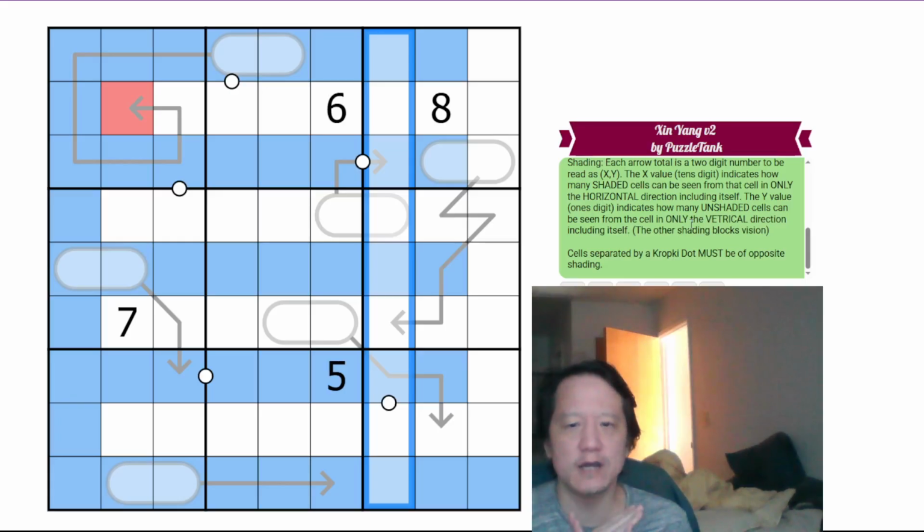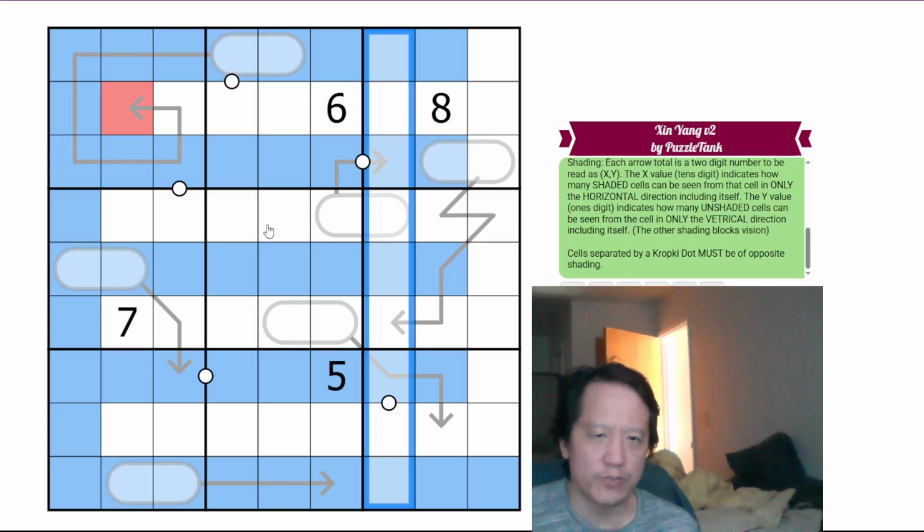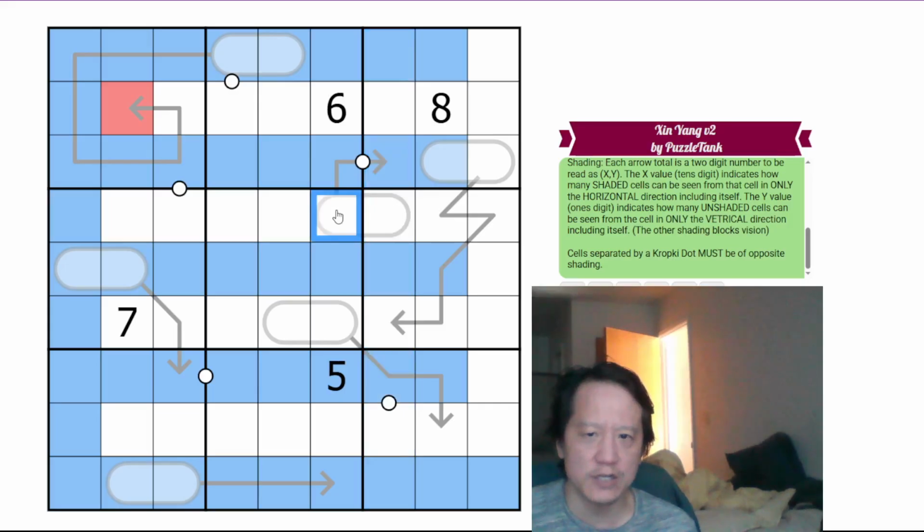So x counts how many shaded cells can be seen from that cell in only the horizontal direction. The other shading blocks vision. So therefore, this would actually be 0 in this case for the shading. This would see 1, 2, 3, 4, 5, 6, 7, 8.